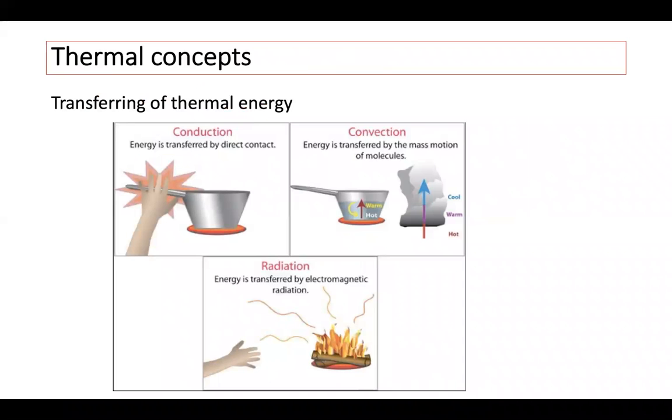Convection happens with the mass motion of molecules, where hot objects travel to the top and cold objects move down. Radiation doesn't need any kind of contact, direct or indirect. It moves with electromagnetic waves, which use the energy to be transferred with them.